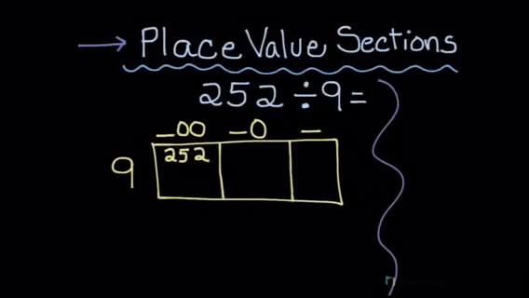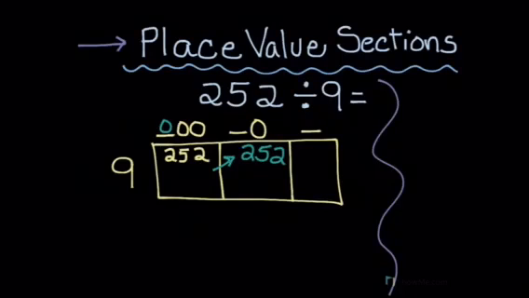And I'm going to start out by thinking, how many groups of hundreds times 9 fit into 252? Well, I know 252 is smaller than 900, so none. So I'm going to move 252 over to the tens.